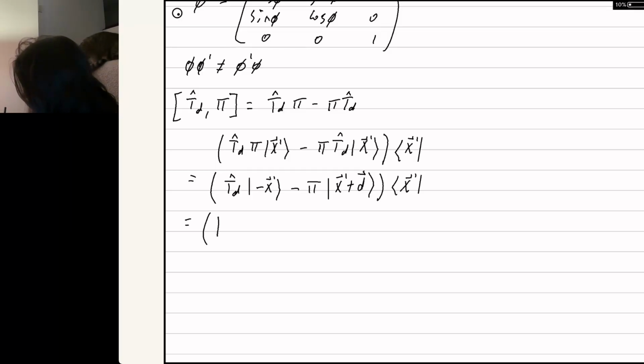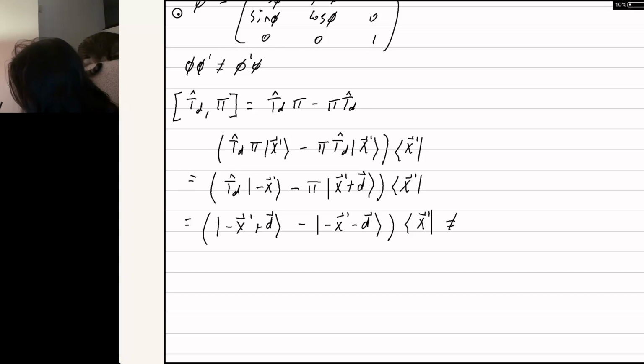The translation is going to add a displacement vector, and the parity operator is going to change the sign of everything inside. Those are two different state vectors. That means that this is not equal to 0, so they don't commute.